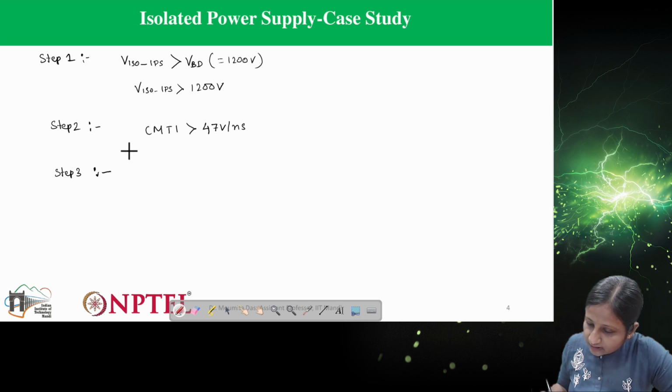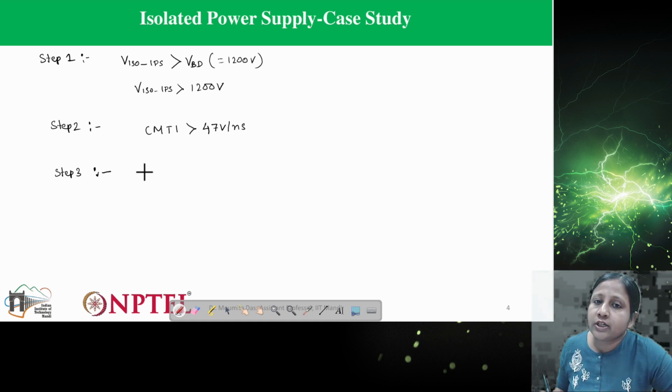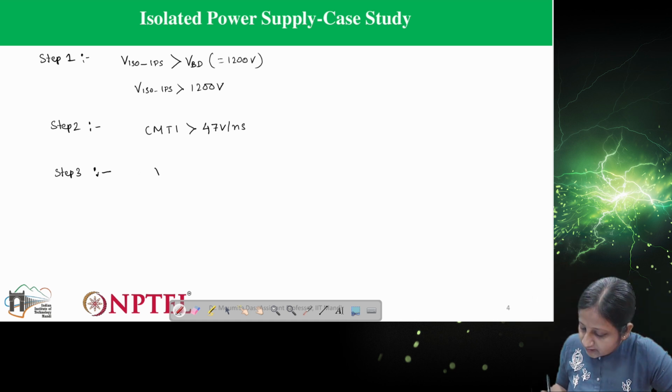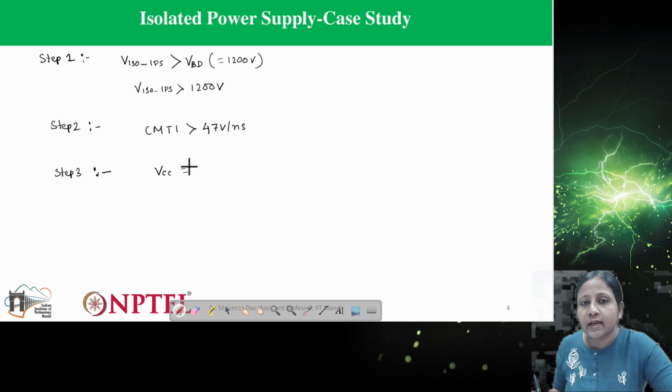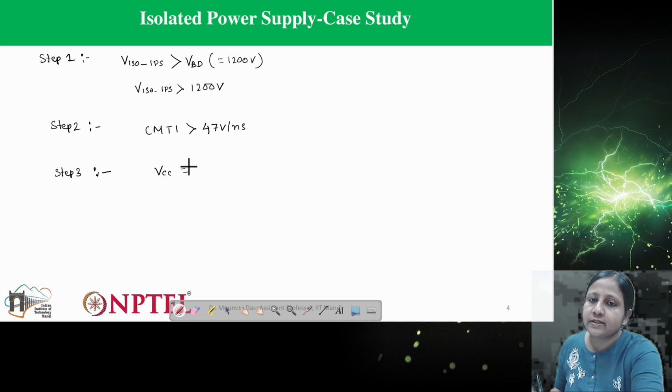So the voltage level of this isolated power supply will come from the turn on and turn off voltage levels, which you have already seen represented in terms of VCC and VEE in the previous discussions.